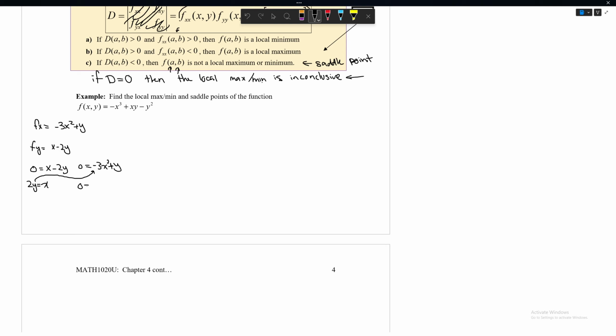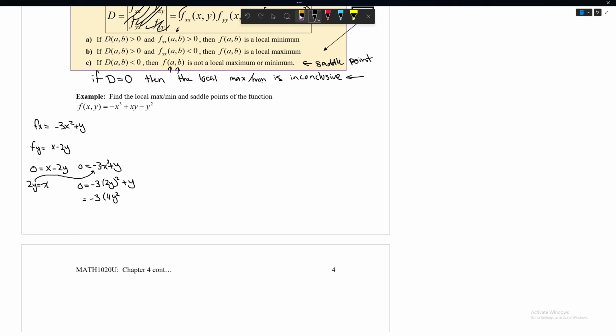So I'll get 0 equals negative 3 times, my x is 2y, squared, plus y. Now everything is in terms of y, so I can find a point for y. Let's expand. I got negative 3 for y squared.